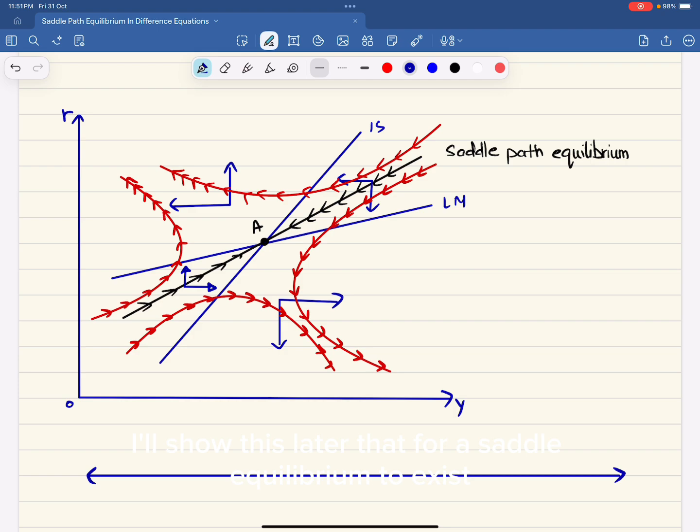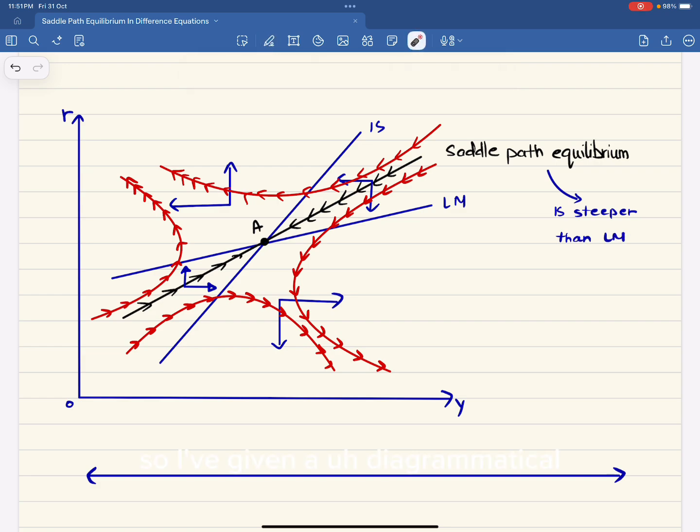I'll show this later, that for a saddle equilibrium to exist, we need the IS curve to be steeper than the LM. So I've given a diagrammatical insight into what a saddle path might look like.